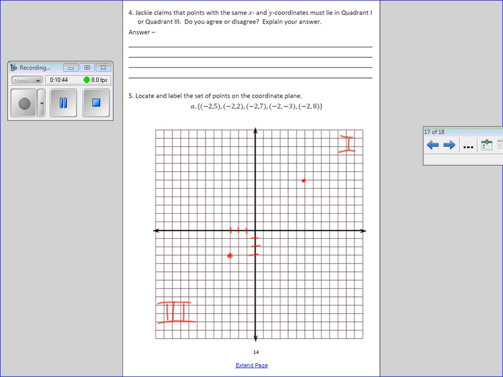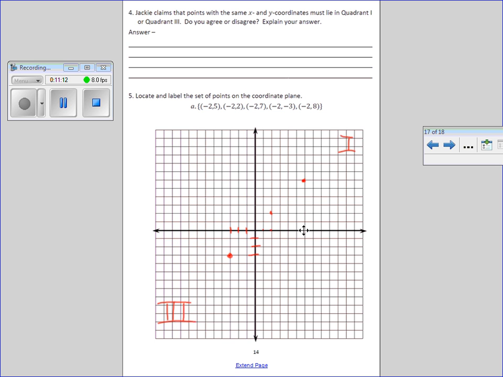Ready? Positive or negative 2? Positive. Left or right? We said 2, 2, right? Positive 2, positive 2. Left or right? Right. 1, 2. Ready? My y is 2. Up or down? Up. Plot it. What quadrant are we in? 1. So far, so good.